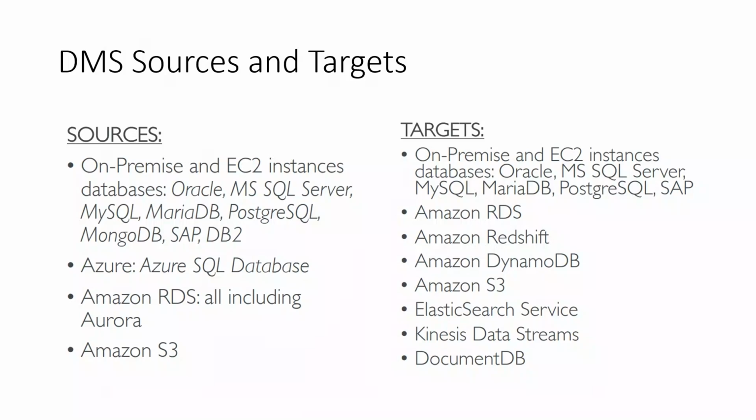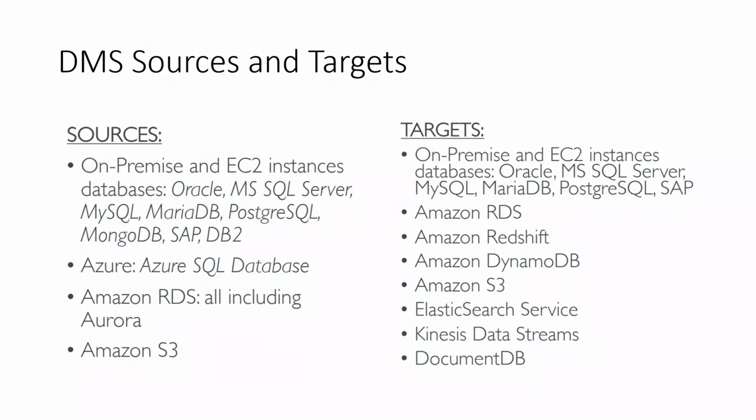What kind of databases does it support? Oracle, Microsoft SQL Server, MySQL, MariaDB, PostgreSQL, MongoDB, SAP, and DB2. From Azure, you can also select a database, like Azure SQL Database. And Amazon RDS. As I've told you, your source can be any database on the cloud or on an on-premises setup. It's fine. And Amazon S3 can also be a source.